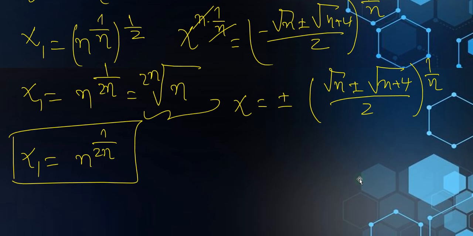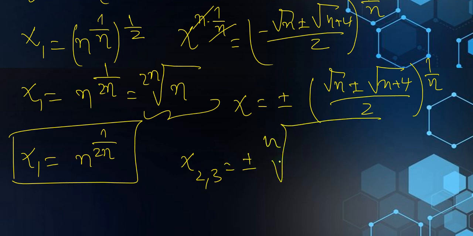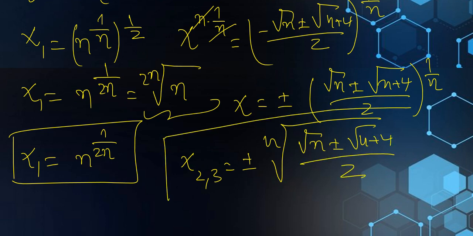And then we can say that this one here, which is then x2 and 3, is equal to plus or minus nth root here of square root of n plus or minus square root of n plus 4, and then divided by 2. So these three here are the solutions for the problem here.